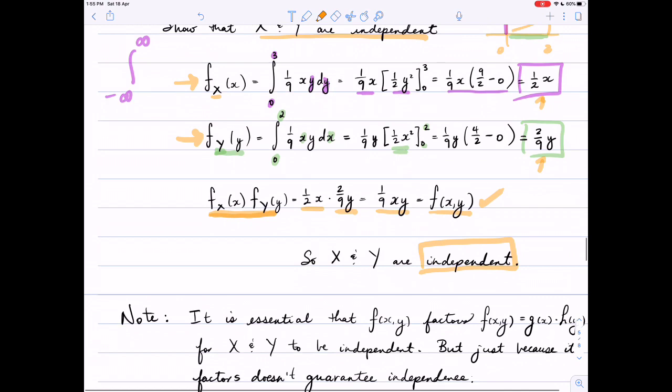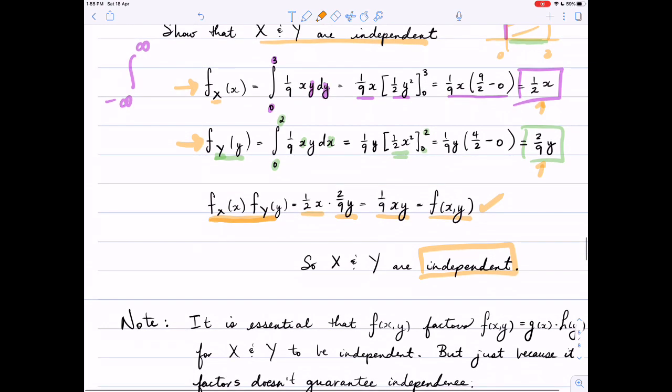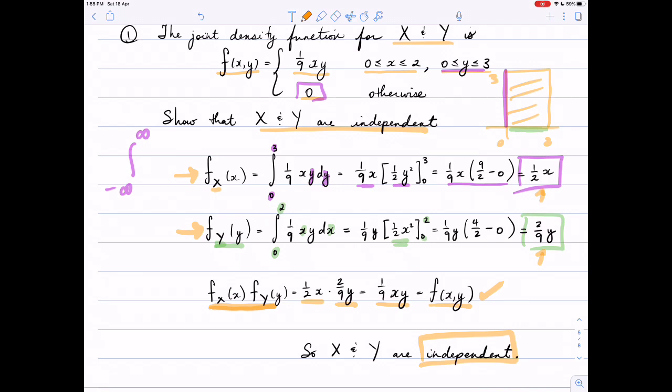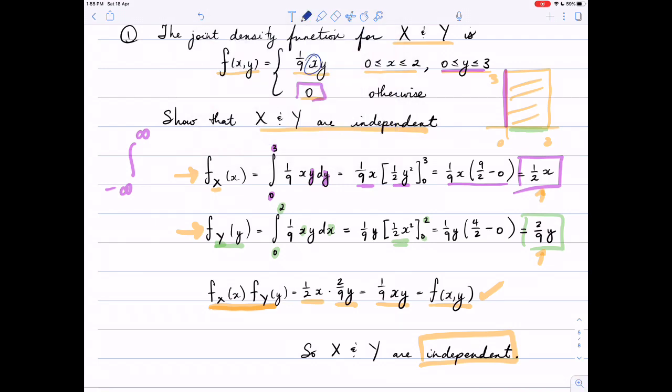Now I want us to take a little note here. This had a specific kind of look to it. The density f of xy was a product, g of x times h of y. If I go back up here, I have a product of x and a product of y, and then this 1/9 kind of hanging out there, which you don't necessarily know where to put.